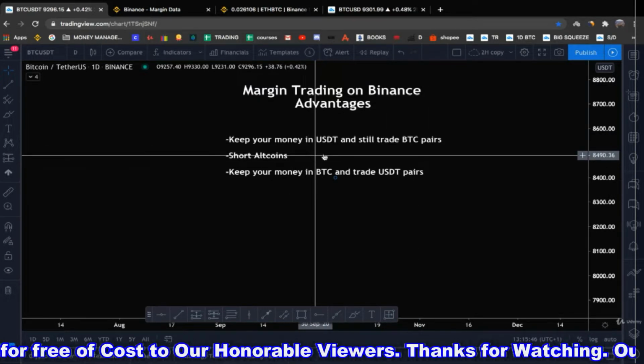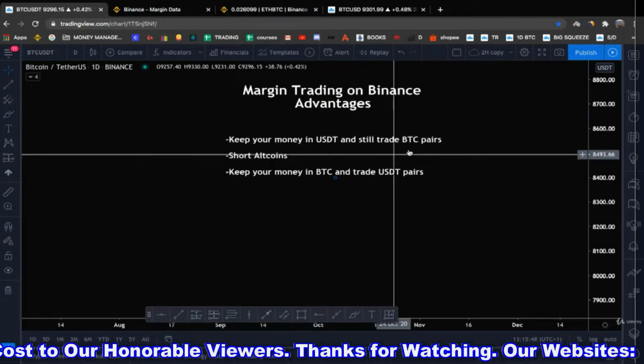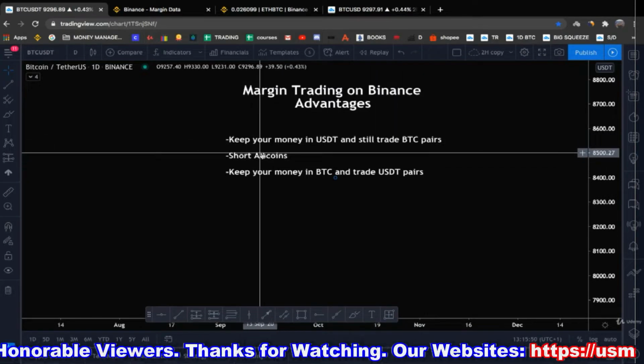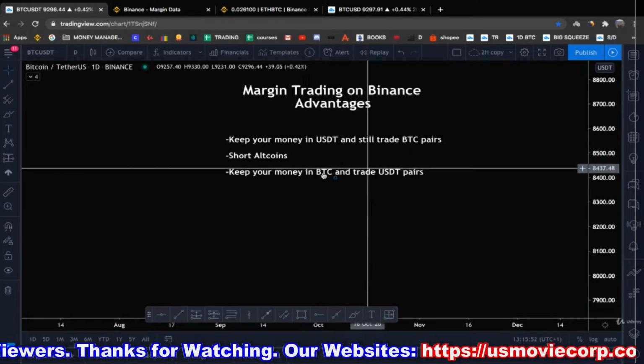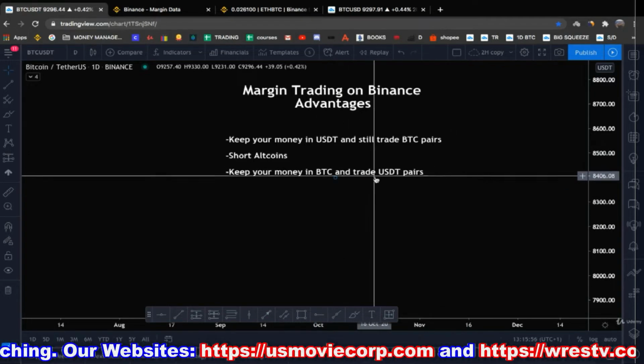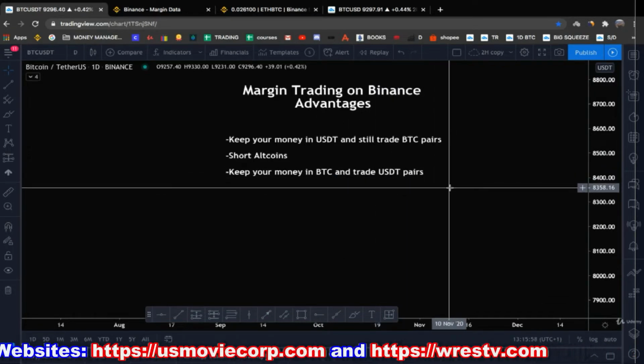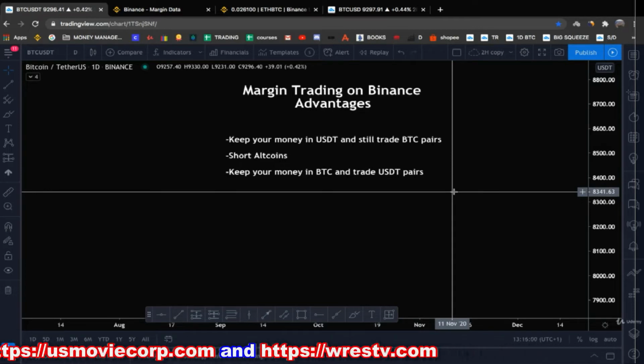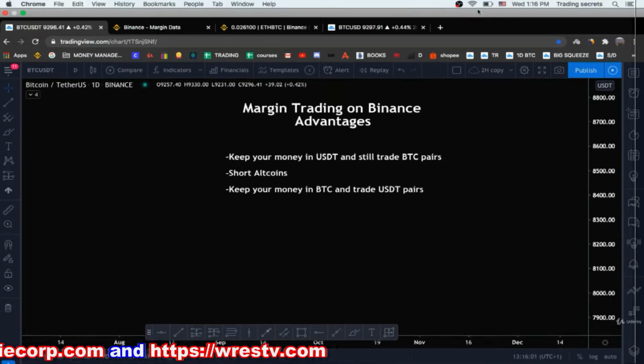I'll show you how to do that in detail, don't worry, and make some money. You are able to short altcoins, and for those of you that keep their money in Bitcoin, you will still be able to borrow USDT and trade USD pairs. So these are the main advantages.